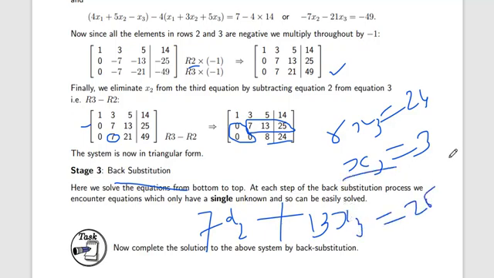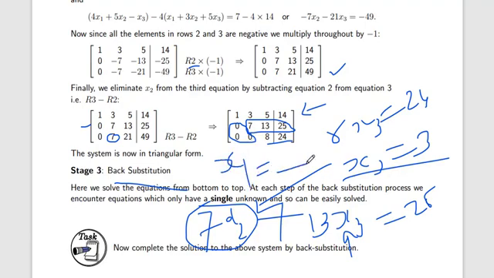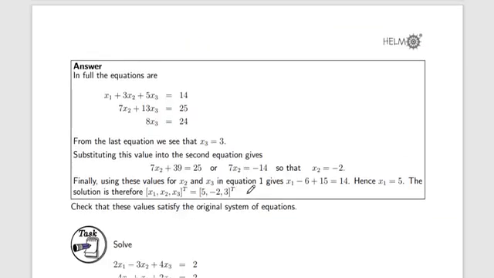We already have the value of x3. Put this in the equation and we will get the x2 answer. Now we have two values. We put these in the first row, first equation, and we will get x1. So now we have solved the linear equation, x1, x2 and x3.